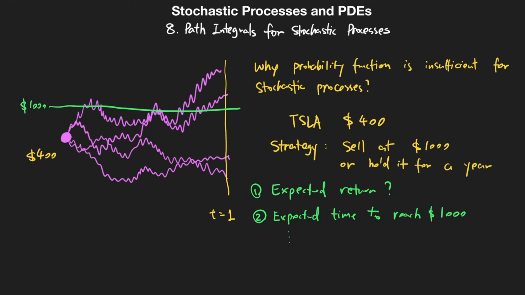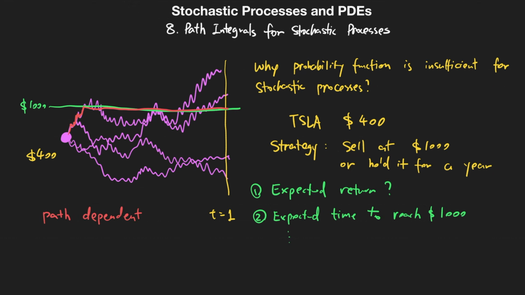So the challenge here is that this trading strategy is path dependent. If the stock reaches $1,000 early, then my friend will sell the stock, and it doesn't matter what the price of the Tesla stock is after a year. So the $1,000 here is acting as an absorbing boundary.